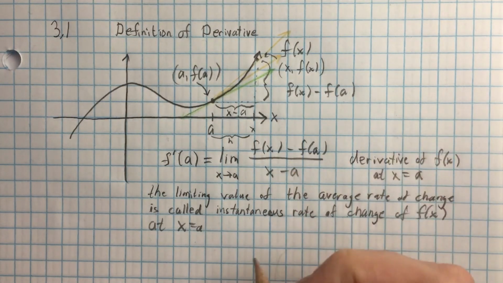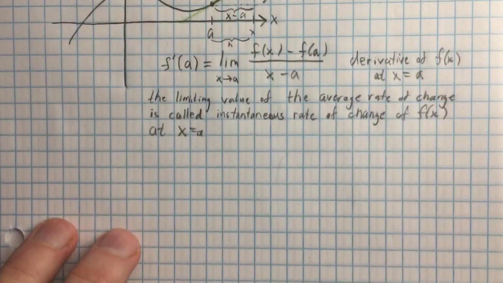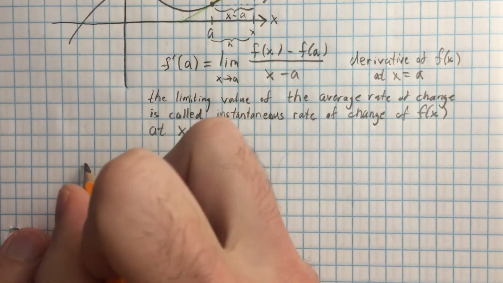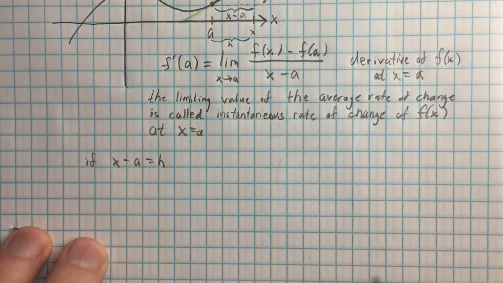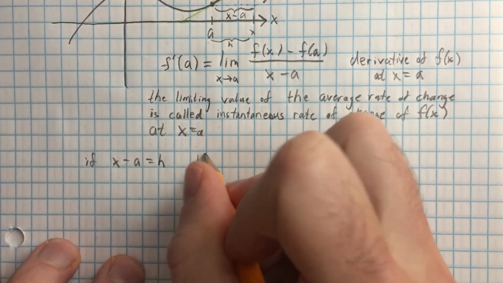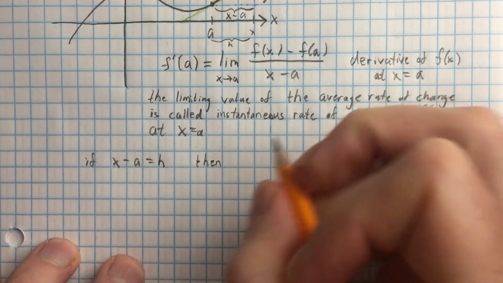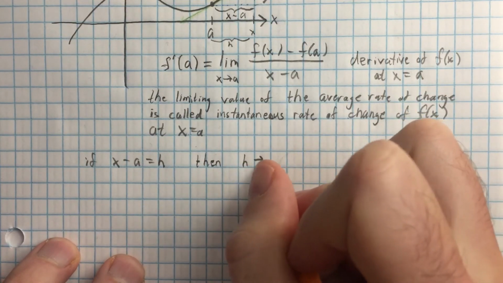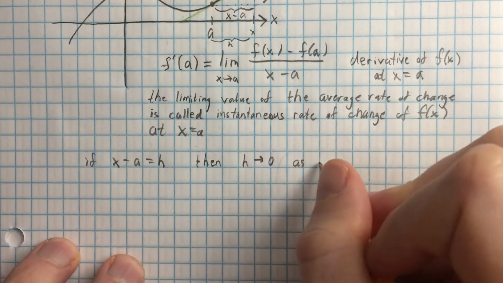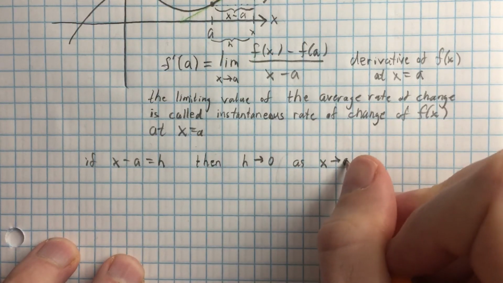So if x minus a is described by this letter h, then it's pretty clear that h approaches 0 as x approaches a. Right?